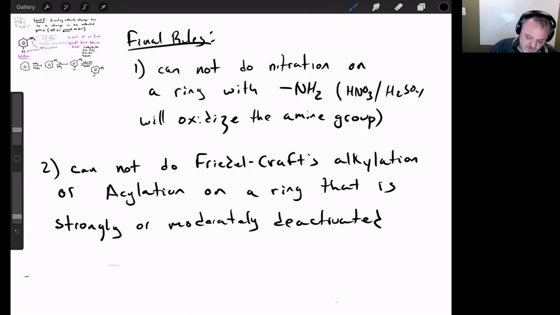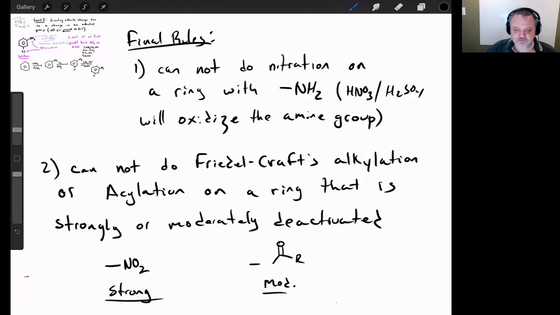And remember, a strong deactivator example would be nitro. This would be strong. And a moderate deactivator would be this one. And so you can't do any sort of Friedel-Crafts acylation or alkylation in those cases.